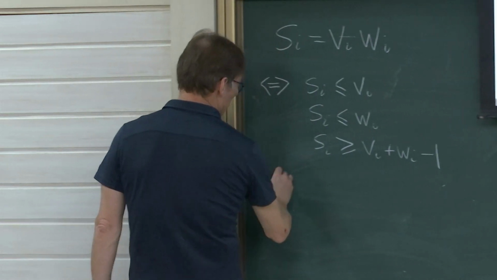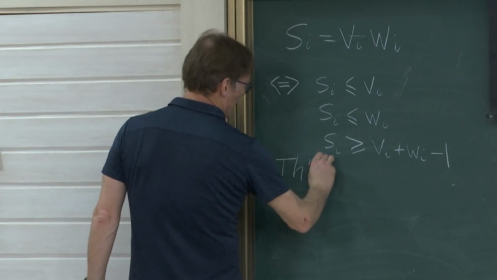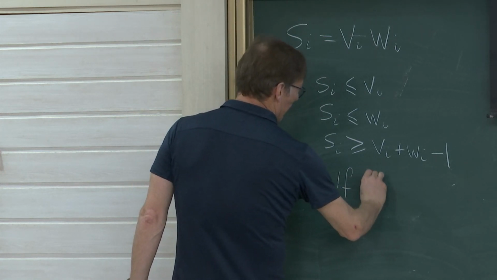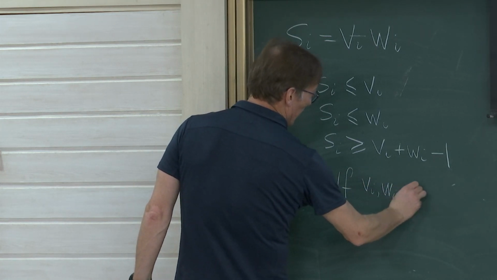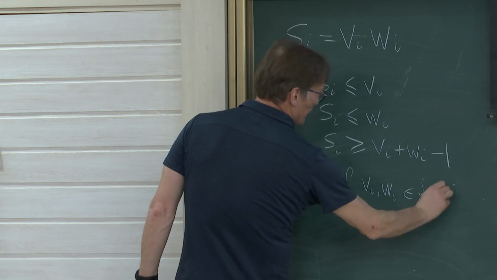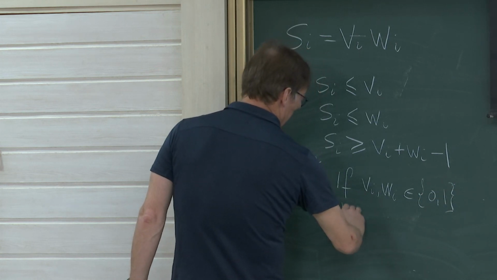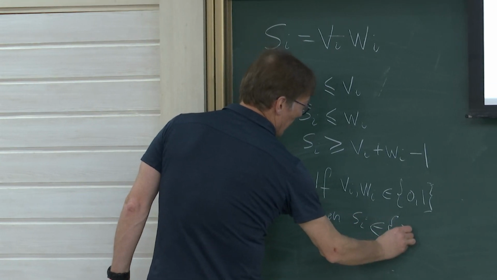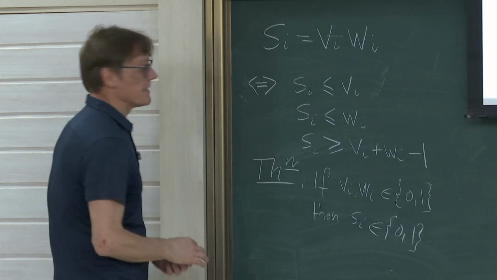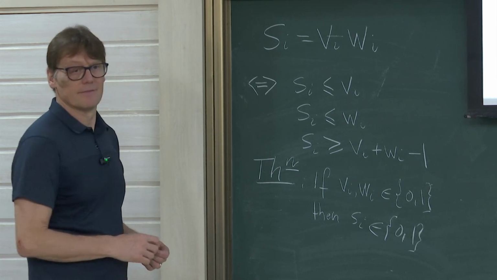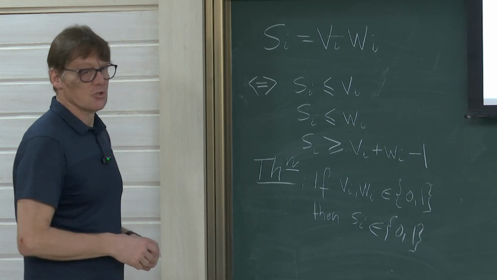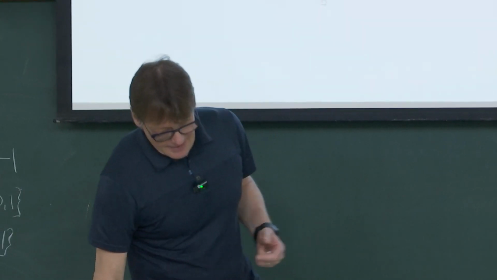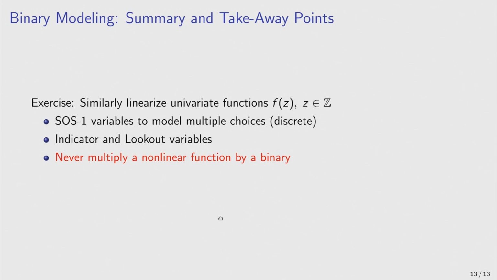So there's a theorem that says if Vi and Wi are binary, then Si is also binary. And that's why it's called an implied binary variable. Cool. That's it. That's the model. So that's actually a really nice model.